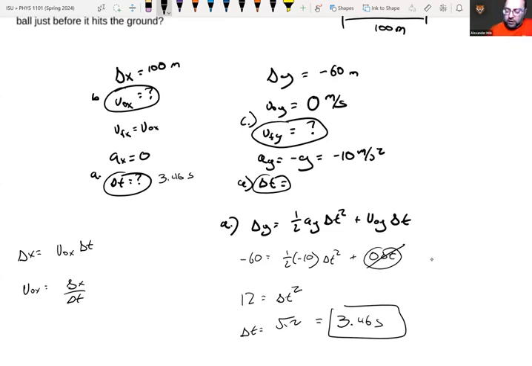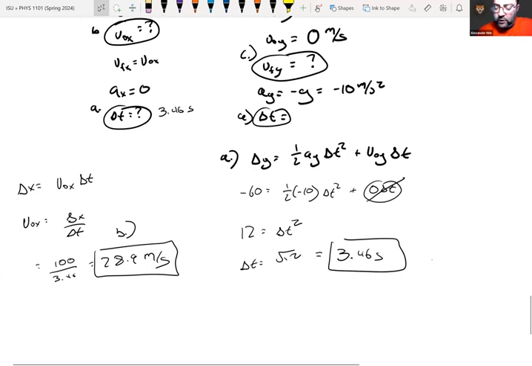It's no problem because delta x was 100 meters, so 100 meters divided by 3.46 seconds, and we end up with 28.9 meters per second. That would be part B.